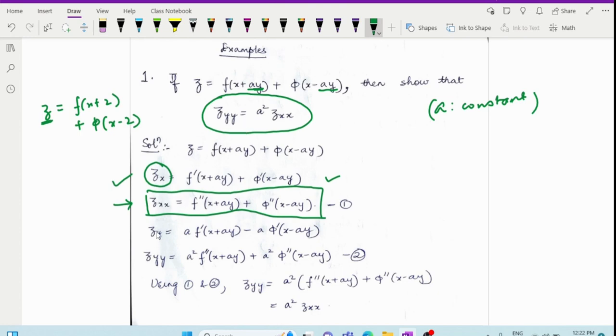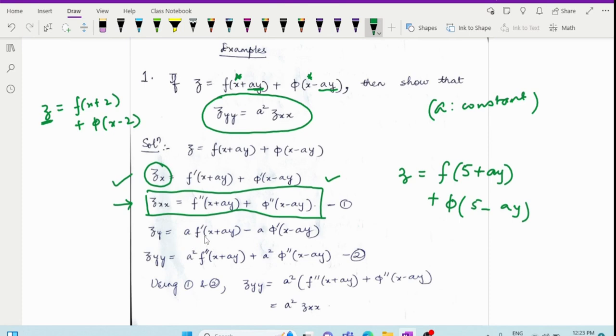So let's calculate zy now. Now when we do zy, x is like a constant. So you have to treat your function as some constant. Let's say f of x plus ay plus phi of x minus ay. It's something like this, which is to be differentiated with respect to y.